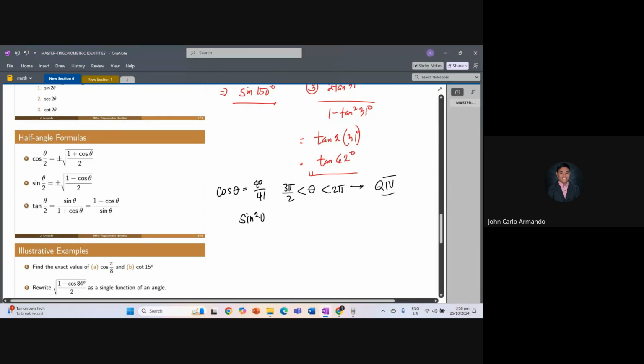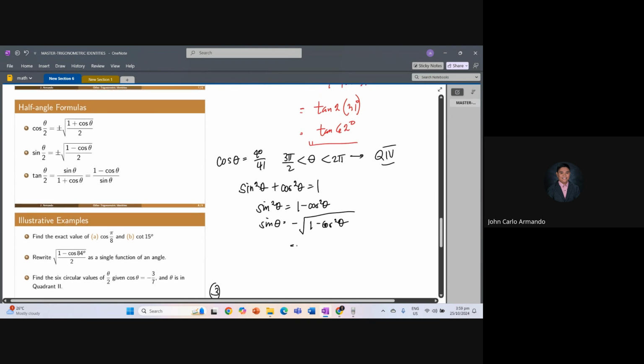So that's sine squared theta plus cos squared theta equals 1. And we solve for sine theta. Sine squared theta equals 1 minus cosine squared theta. And getting the square root, and since quadrant 4 is negative yung sign, we just put the negative na lang dito. 1 minus cosine squared theta.